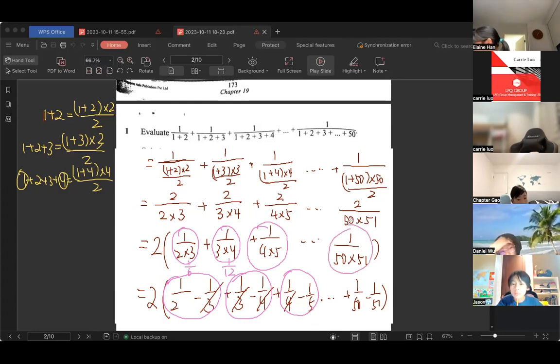So 1 over 50 times 51 equals 1 over 50 minus 1 over 51. So they're all gone, so it equals 2 times 1 over 2 minus 1 over 51, which is 1 minus 2 over 51. Multiply the 2 in, right? So it equals 49 over 51.